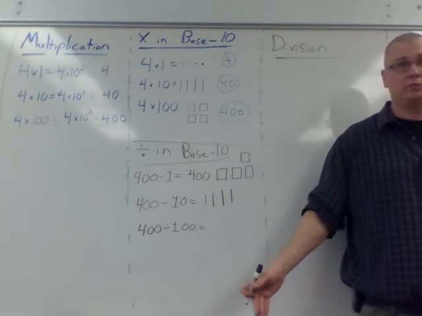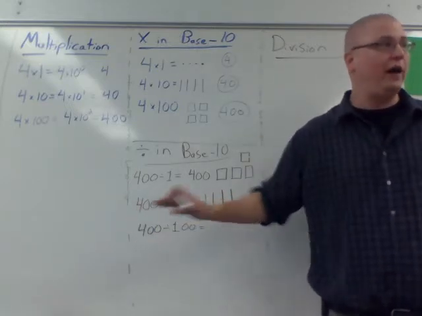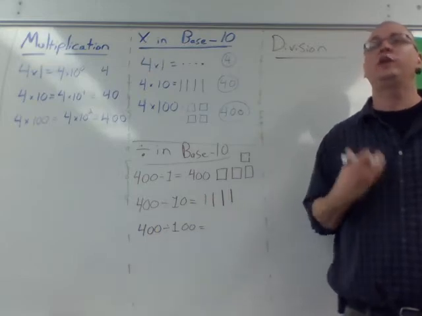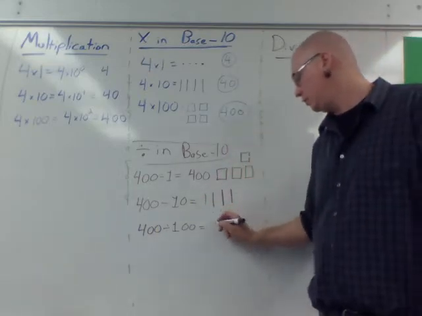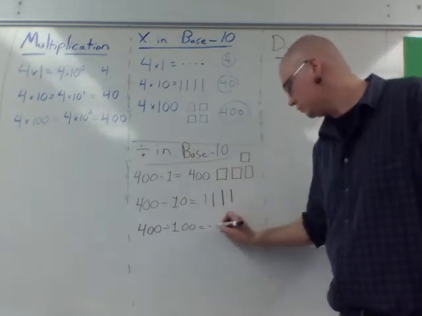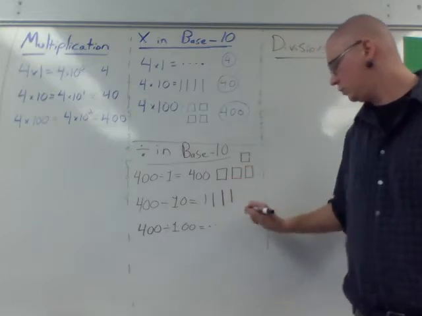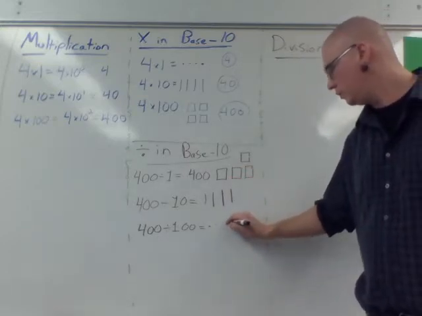Make sense? Now, to divide by 100, I'm going to get 2 place values smaller, or decrease by 2 place values. So it started as 100, now becomes a 1. 2, 3, 4.